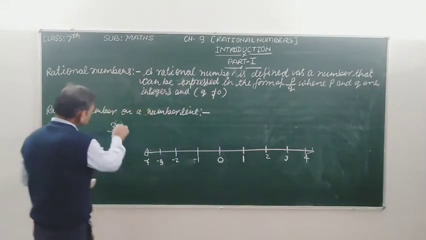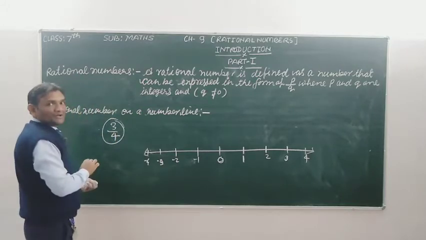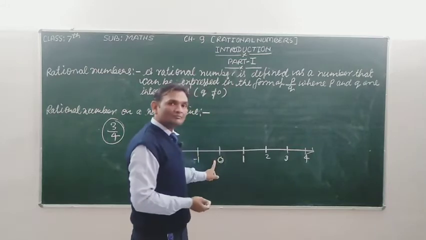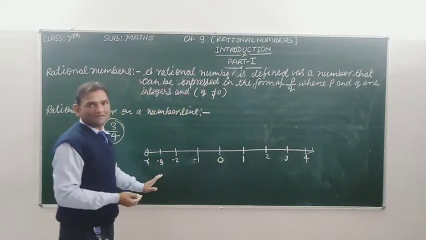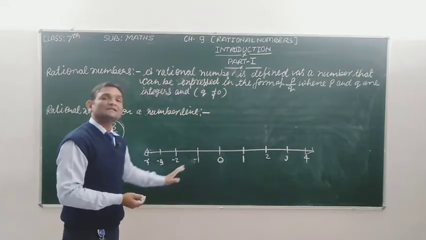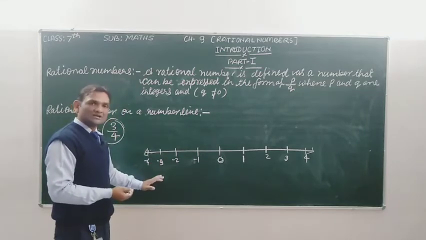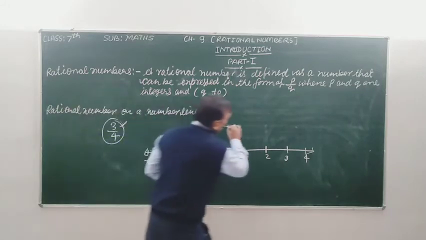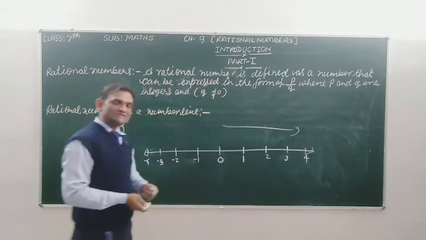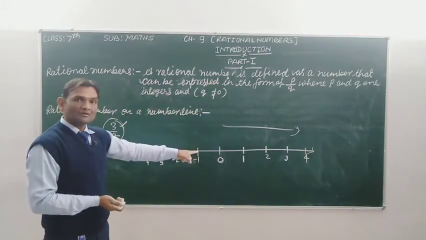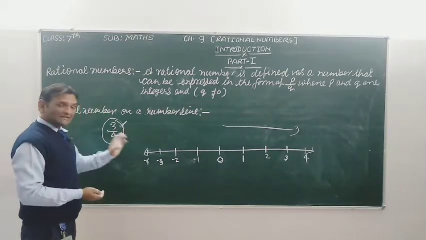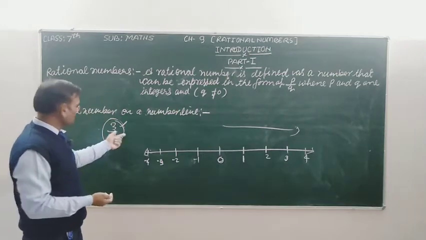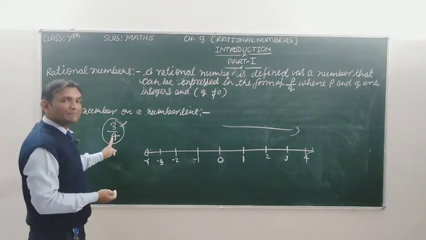Student, because this is a positive rational number, we have to move to the right side from the 0, not the left side, because on the left side we are representing the negative rational numbers. But the distance between two units we divide into 4 equal parts. Why? Because this rational number has the denominator 4.